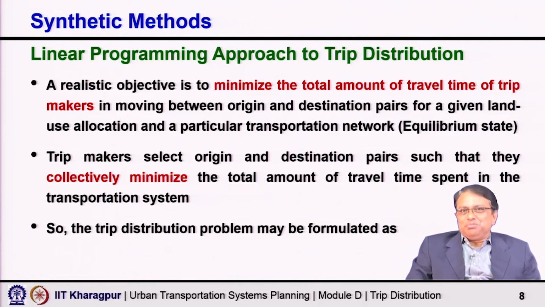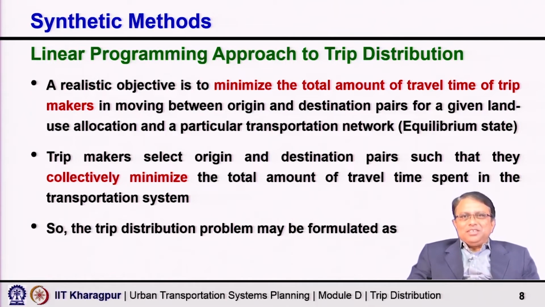This is like a dream. If we could do that in an urban area, we would do the travel distribution in a manner so that the aggregate travel time is minimized for all the travelers, for all the pairs of zones. That would have been really wonderful. Unfortunately, in real life, the distribution does not happen exactly in this manner.